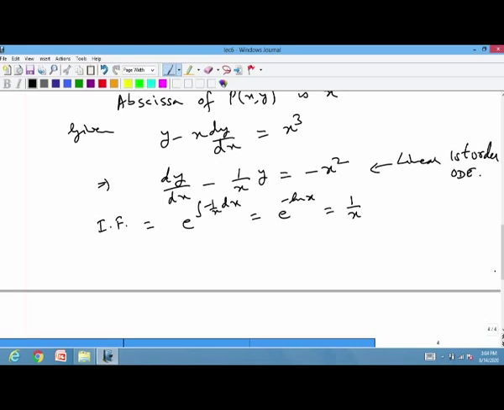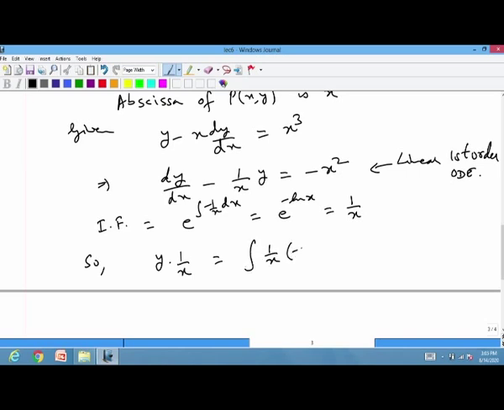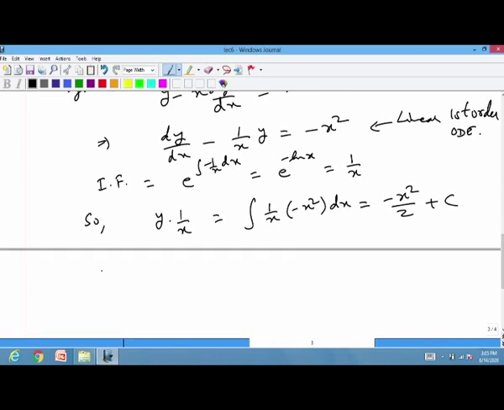So, the solution is y times integrating factor 1 by x is equal to integral of 1 by x times g(x), which is minus x square dx. So, that is minus x dx, so minus x square by 2 plus c. This implies y is equal to c x minus x cube by 2.